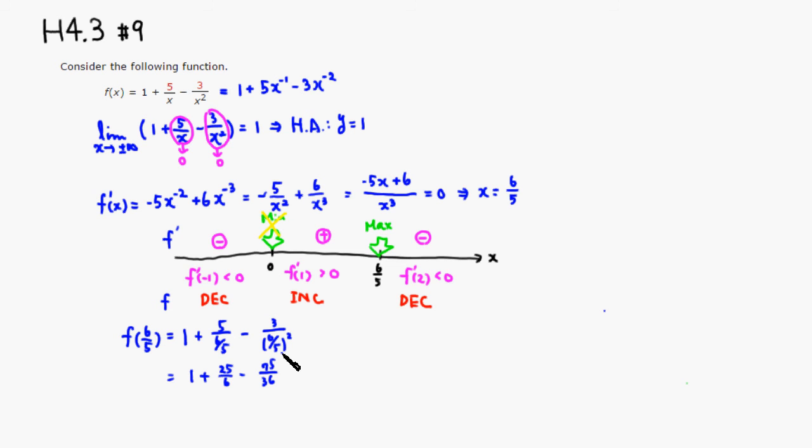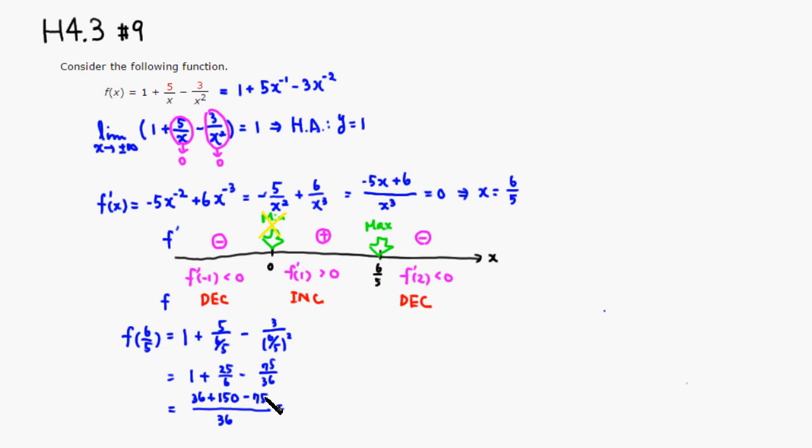Alright, so that's going to be, let's see, I'm going to take the common denominator, 36. Right, 1 is 36 over 36, and plus 25, I'll have to multiply by 6, so that'll be 150, right, minus 75.